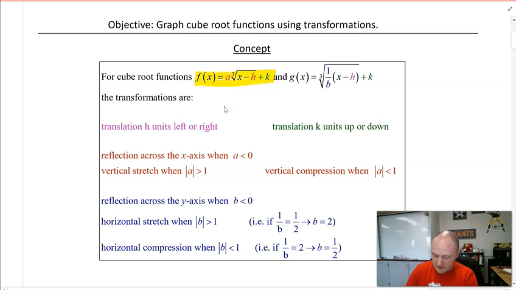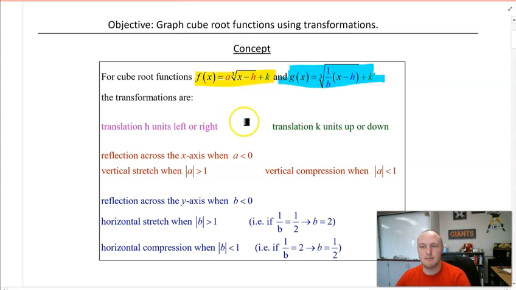So here's another general form of the function g of x equals the cubic root of 1 over b times x minus h plus k. So in these forms, what we're given are a or 1 over b values along with h and k values.